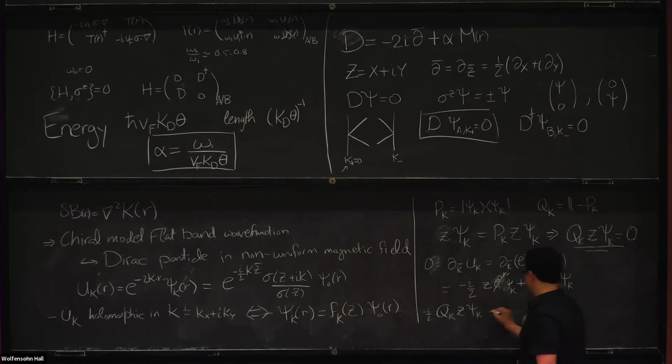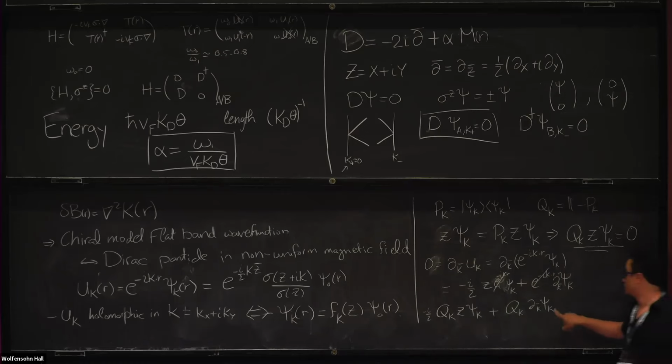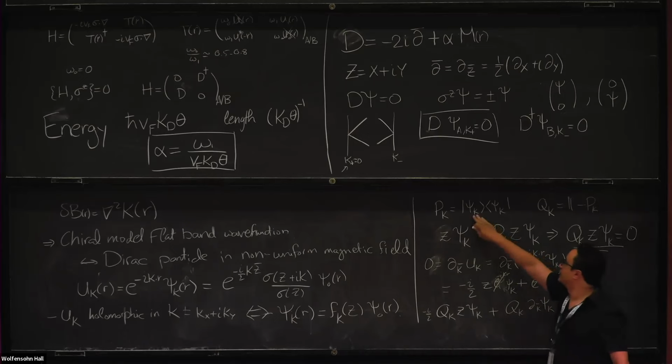The second term actually gives me 0 because the derivative of psi of k is a linear superposition of psi of k plus epsilon and psi of k. Of course, psi of k acting on the projector outside the band, outside the space I'm interested in, gives me 0.